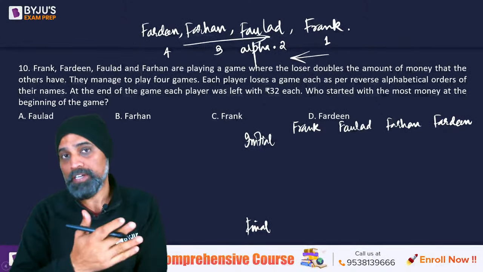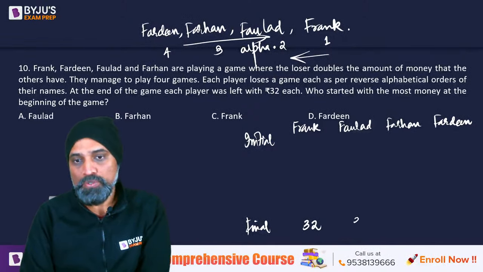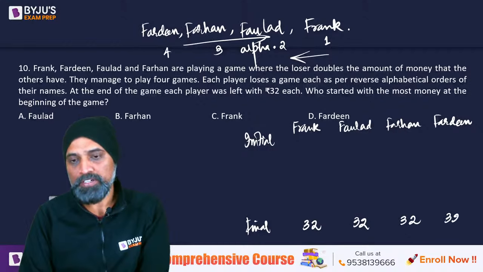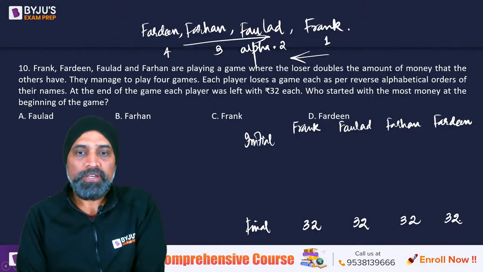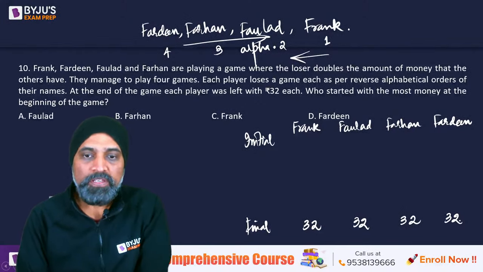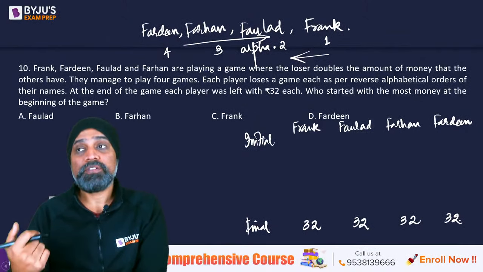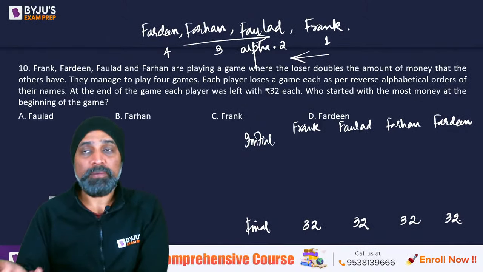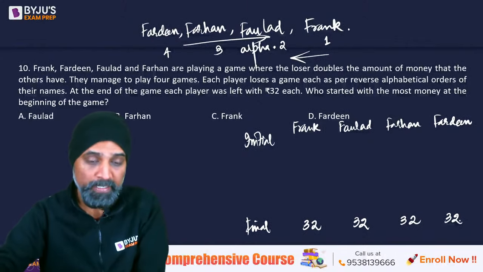End से शुरू करेंगे, okay? And it is given that each one was left with 32. Okay. Now, whoever loses doubles everybody else's. Everybody else means the remaining 3 players' money.